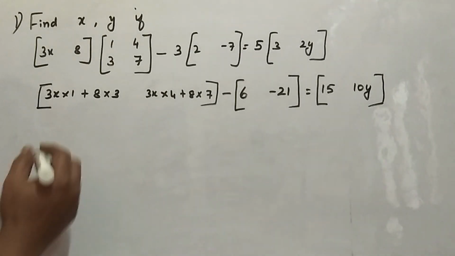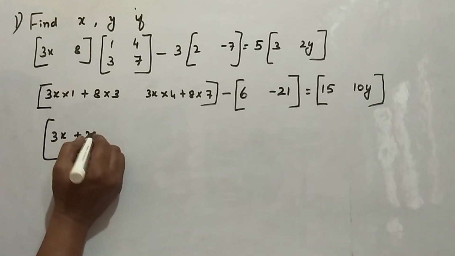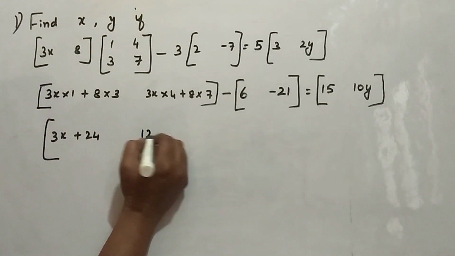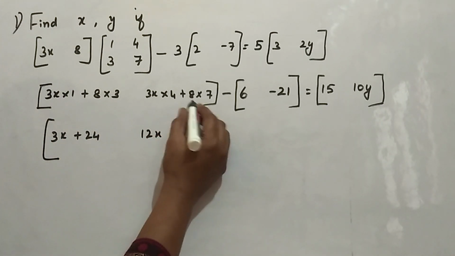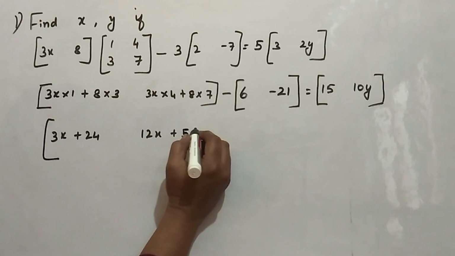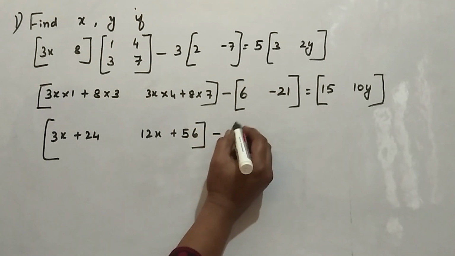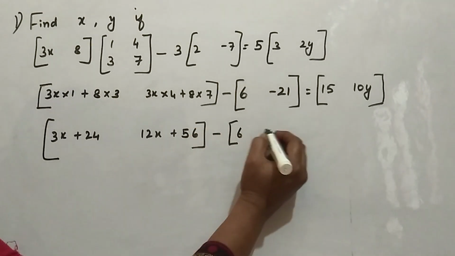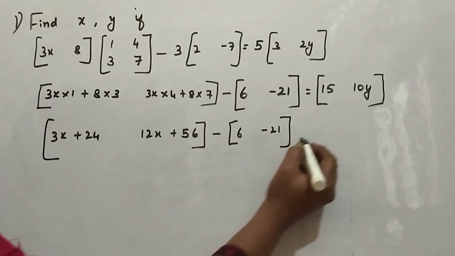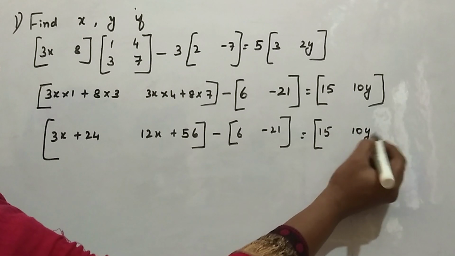Okay. Then 3x plus 24, then 12x plus 8 7s are 56, minus 6, minus 21, is equal to 15, 10y.